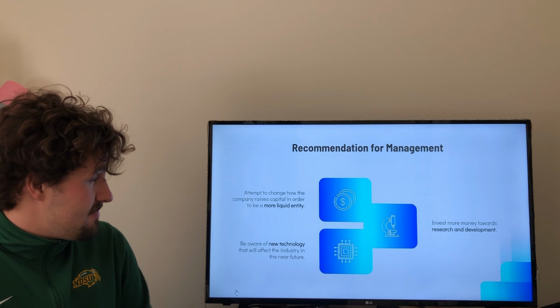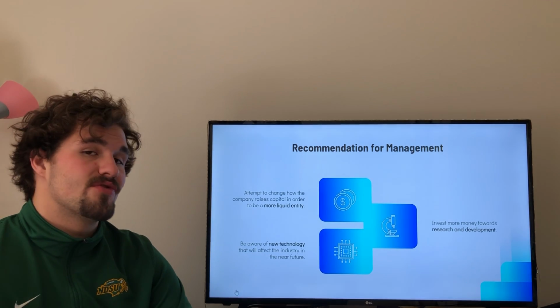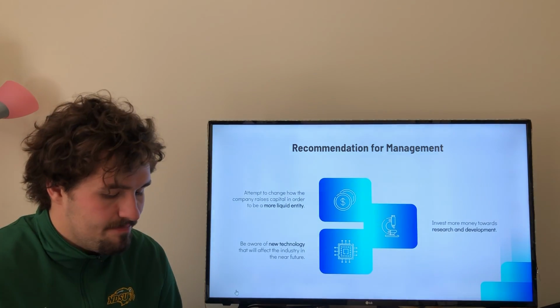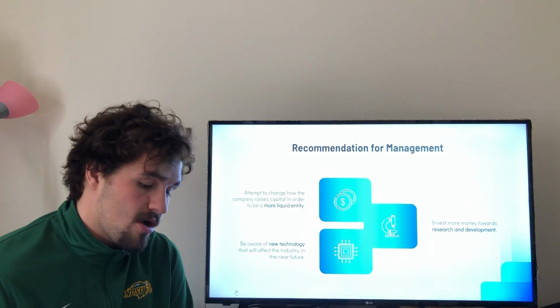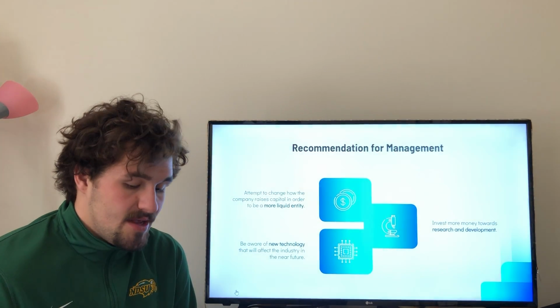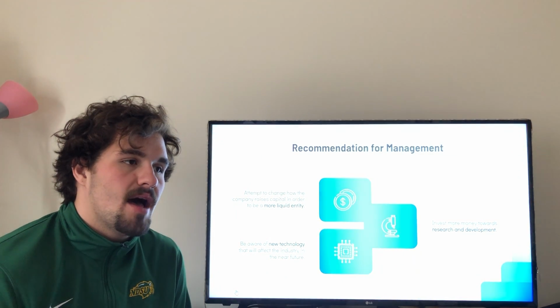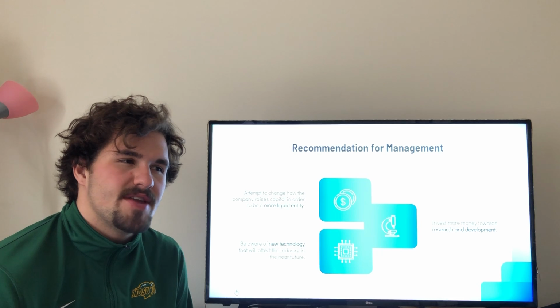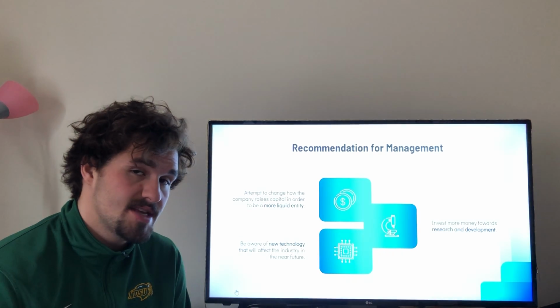The final recommendation I would make is to beware of new technology that will affect the industry in the near future. Technology nowadays is always changing. It's always becoming more applicable. It's faster. It's more capable of more things. So the one that they have already looked into is AI, and they need to continue that and be a leader in the industry with using AI to manage their distribution channels and supply chains.